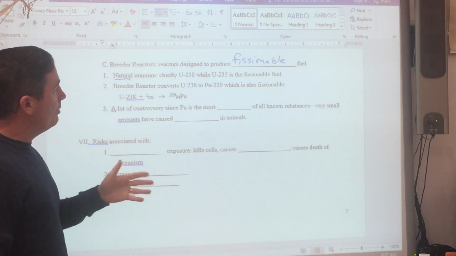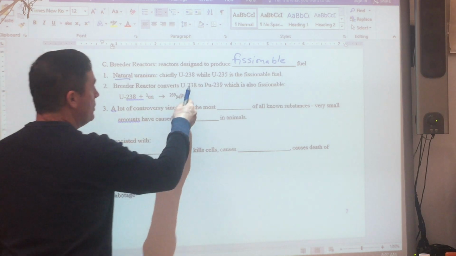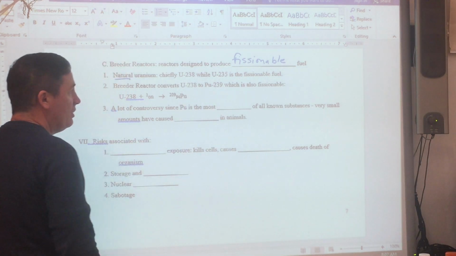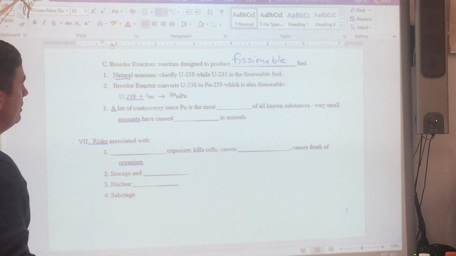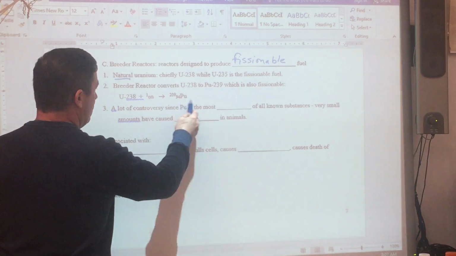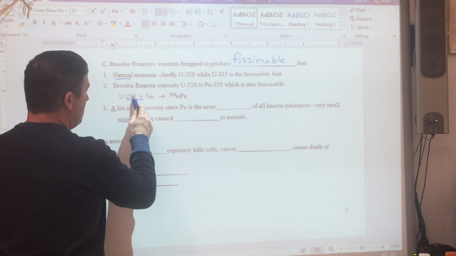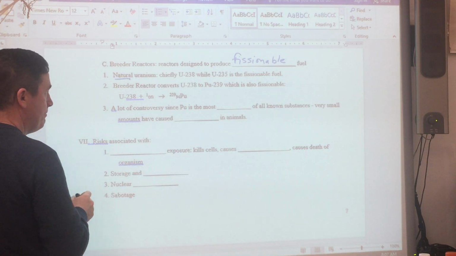It can use other products. So it converts the 238 to plutonium-239, which is also fissionable. So it's basically a slightly more efficient reactor than the other. It's getting blasted by neutrons to become plutonium-239.